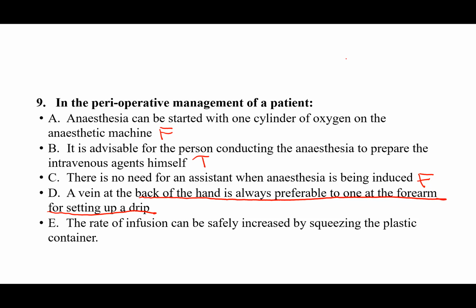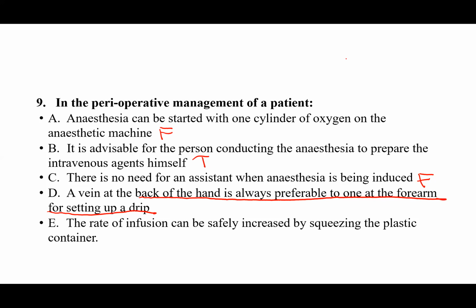Now, which vein do you think is closer to the heart? Between the forearm vein and the one in the back of the hand, the one in the forearm. Yes, so which one tends to receive more blood?